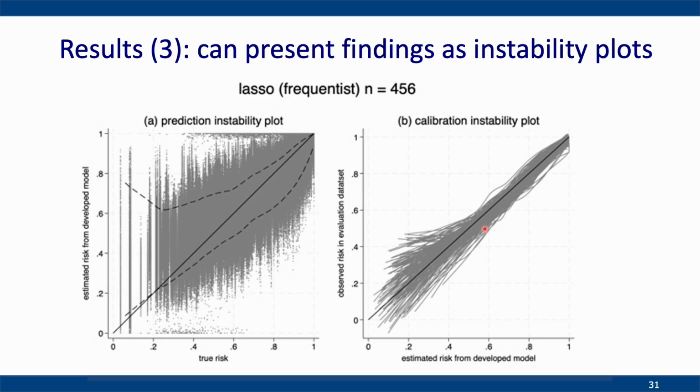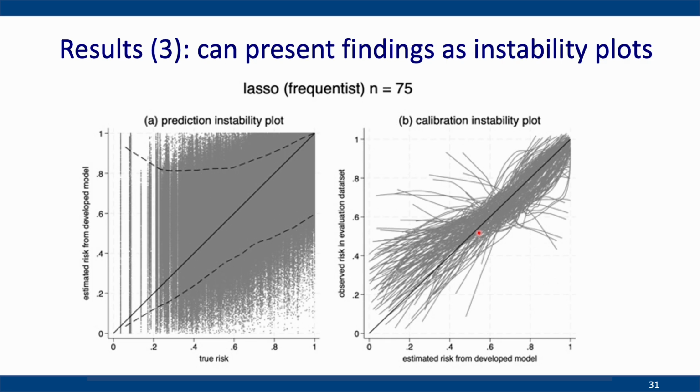You can plot calibration instability. So again, if you were to apply any one model back to the original data, the large target population, what's the variability in the calibration curves? You can see there's variability. But obviously this is 456. Let's drop the sample size again. See, it's hugely worse.